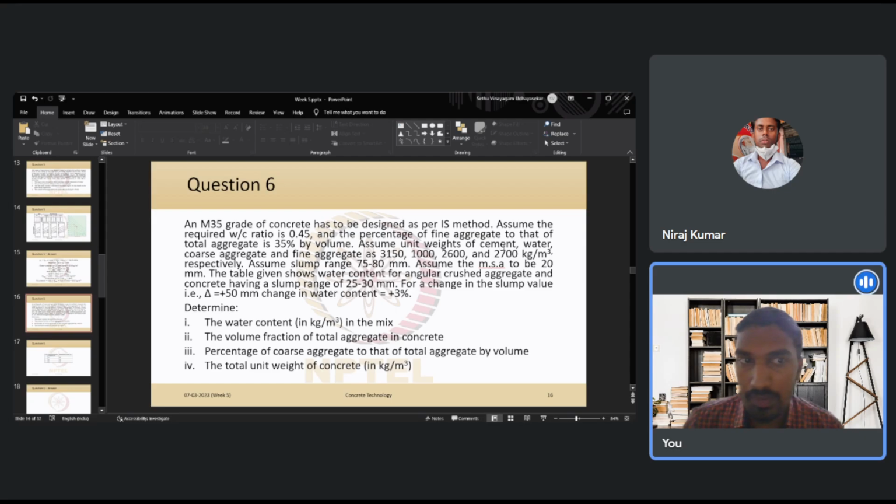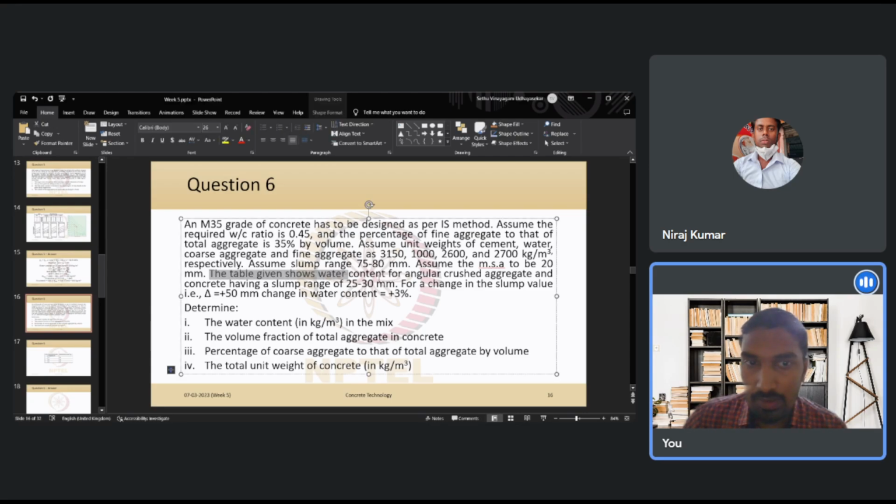The unit weights of cement, water, coarse aggregate and fine aggregate are 3150, 1000, 2600 and 2700 kilogram per meter cube, with a slump range of 75 to 80 mm and a maximum size of aggregate of 20 mm. We are also given a table that gives the water content for a given slump range, and the change in slump: for every 50 mm increase, we need to increase the water content by 3%. Okay, so this is the information given to us.